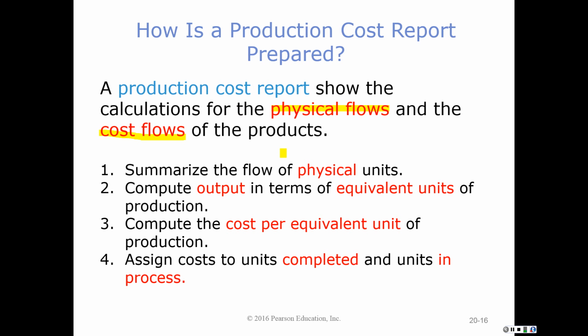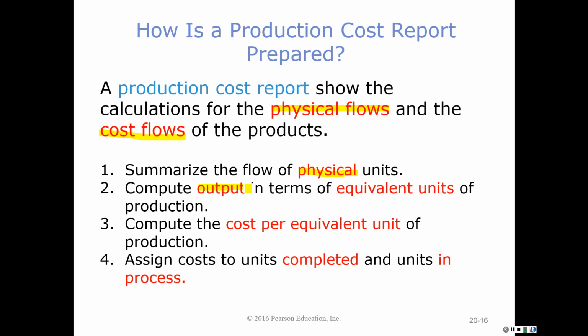So it will help us summarize the flow of these physical units. Okay, we're also, in order to do that, we're going to look at our output. Okay, and our output from one department to the next department to finished goods to cost of goods sold is going to be based on the equivalent units of completed goods.